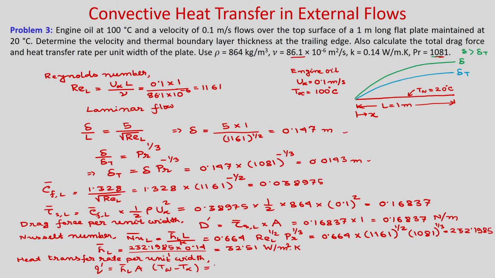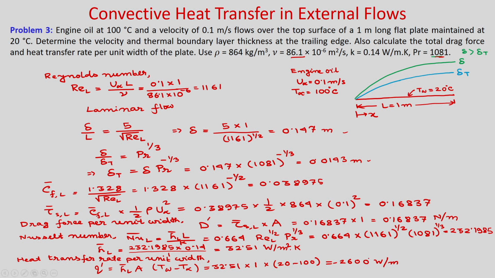So, it will be 32.51 into area. We are considering only the top surface, one side of the plate, so your area will be only 1 as we are considering per unit width, into T_w minus T infinity, which is just 20 minus 100. Okay. If you calculate it, you will get approximately 2600 watt per meter.